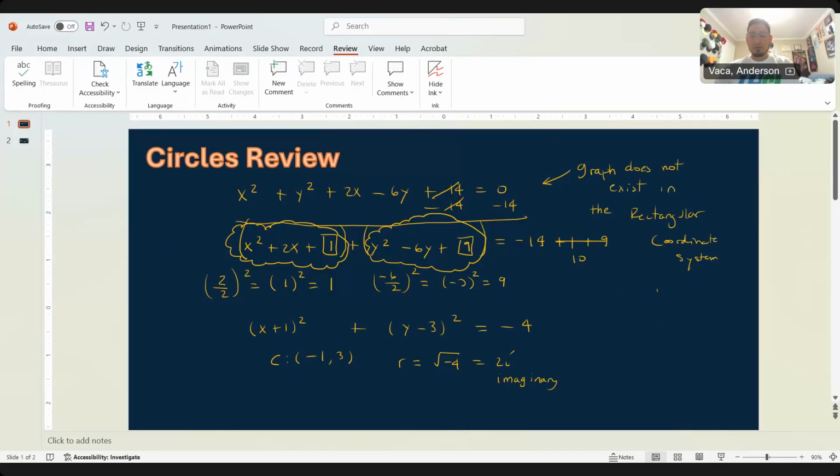Remember, the rectangular coordinate system has two real axes, the real x-axis and the real y-axis. So there is no way that we can plot or graph the point or the length 2i. It just doesn't work out in the rectangular coordinate system.